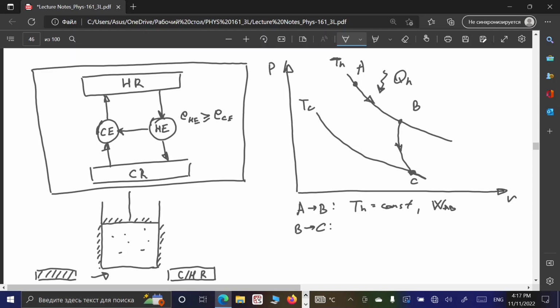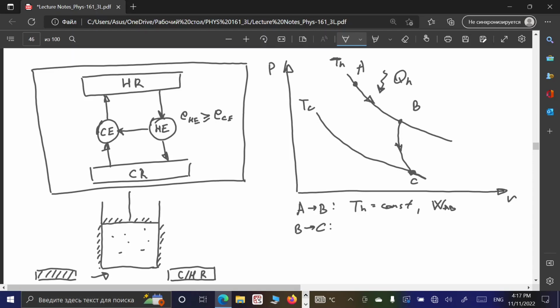So we completely thermally insulate our ideal gas, and taking this factor into account, what would process BC be? An adiabatic process, because there is no heat exchange between the system and the external environment.